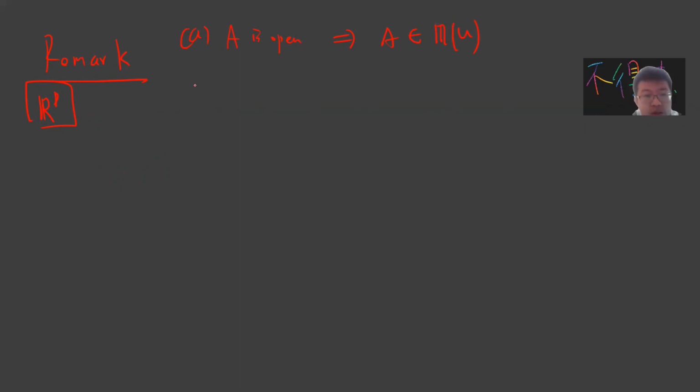The reason is that every open set, this is simple set topology, every open set in R^p is a countable union of open intervals. So remember the countable union.